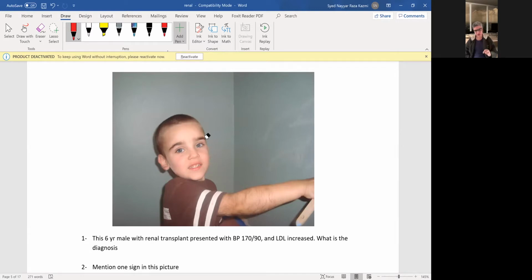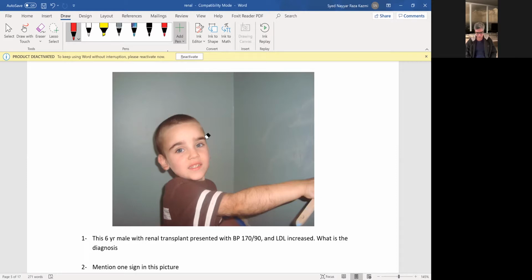In a child who has had a renal transplant with high blood pressure and deranged lipid profile, this is a side effect of the immunosuppressant therapy, because when you have transplanted, you have to suppress the immune system to reduce the chances of graft versus host reaction. The drug commonly used in renal transplant is cyclosporine, and one of the common side effects of cyclosporine is that it causes deranged lipid profile, and it leads to hypertrichosis as well.